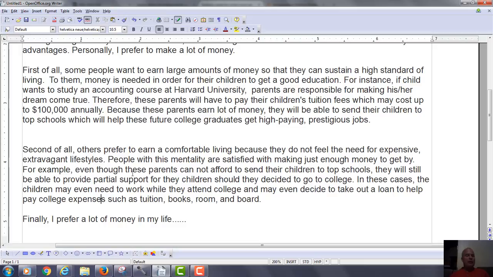For example, even though these parents cannot afford to send their children to top schools, they will still be able to provide partial support for their children should they decide to go to college. In these cases, the children may even need to work while they attend college and may even decide to take out a loan to help pay college expenses such as tuition, books, room and board.